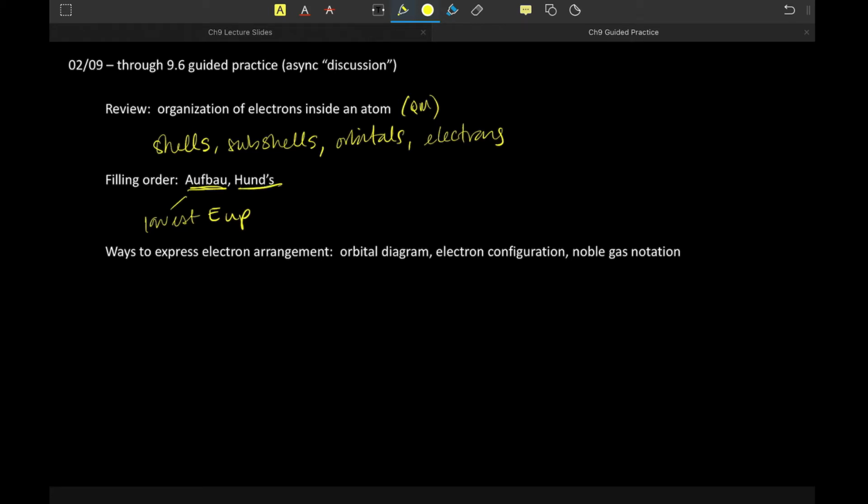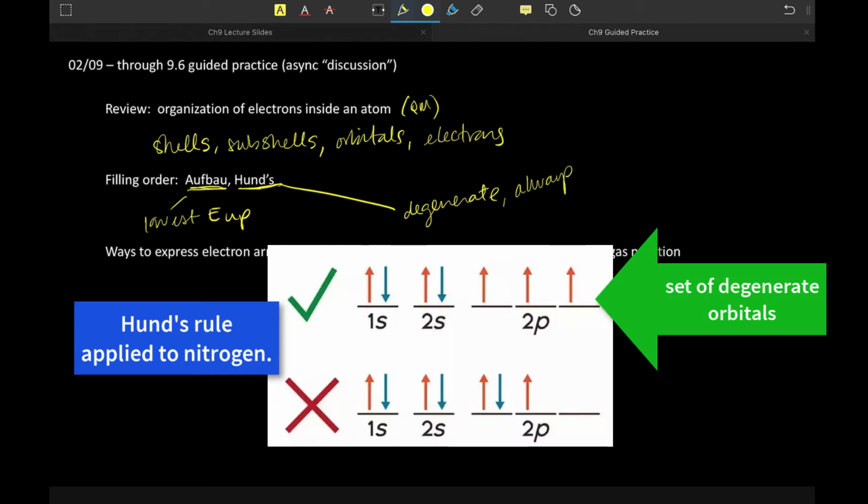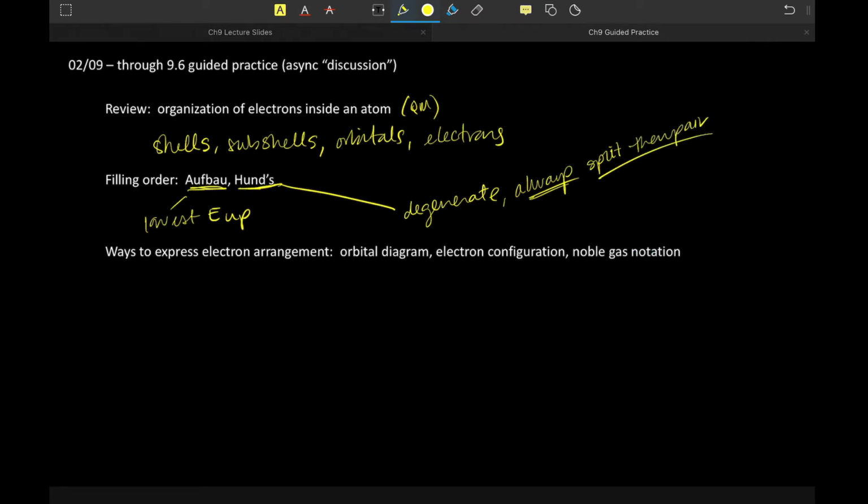Hund's rule says that if we have a set of degenerate orbitals, which means equal in energy, we will always split and then pair. Meaning we will singly fill each orbital, and once they are all singly filled, then we go back and pair them up. Now, ways to express an electron arrangement.